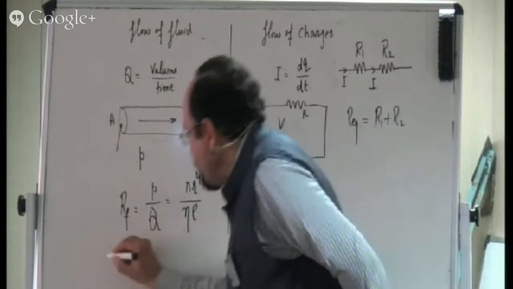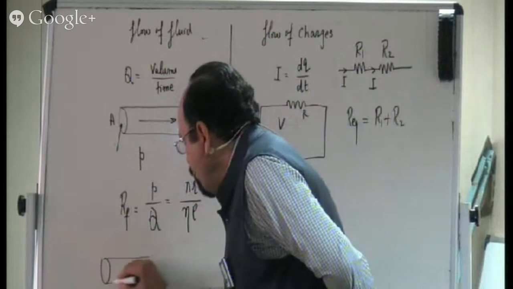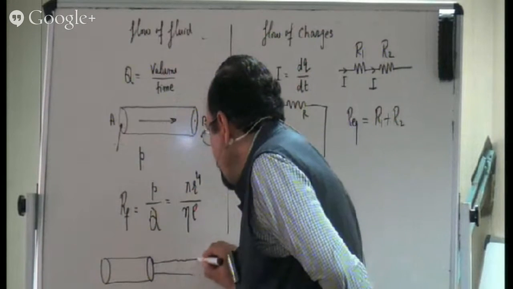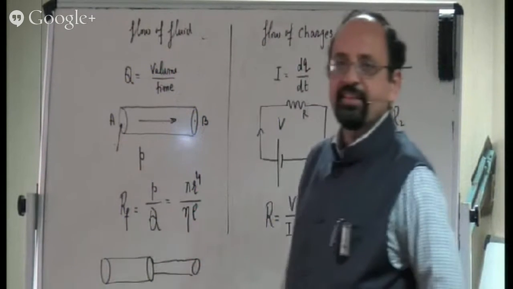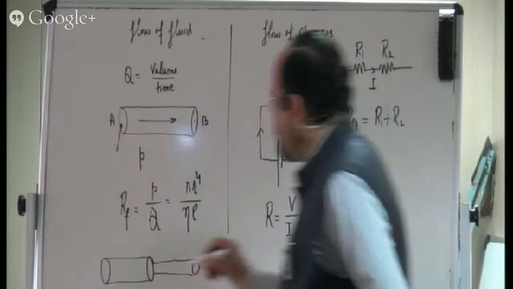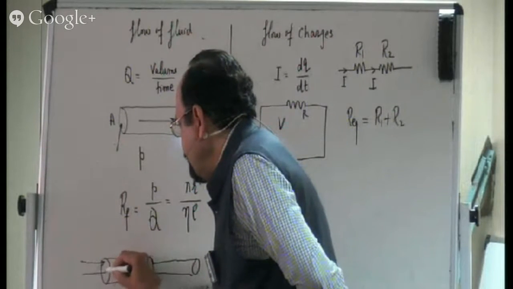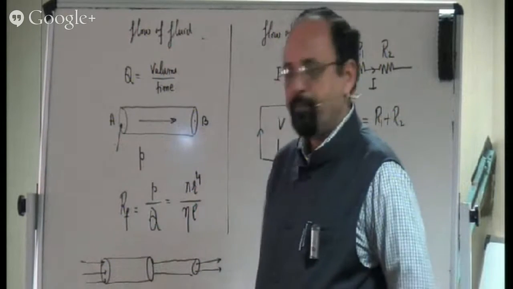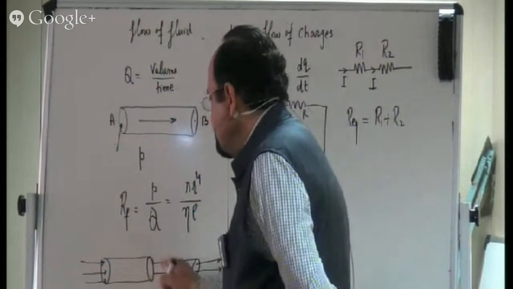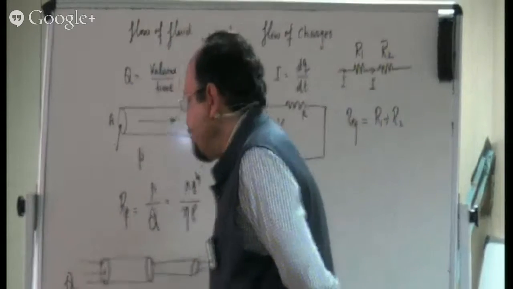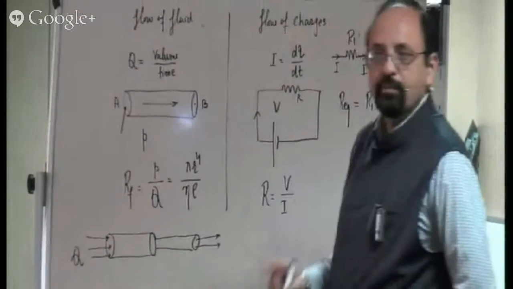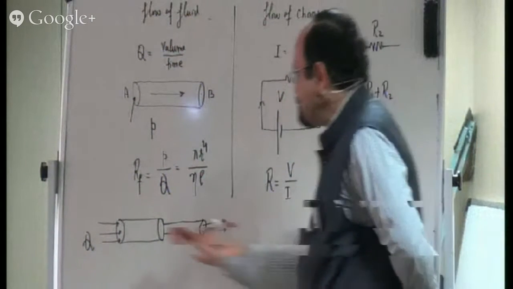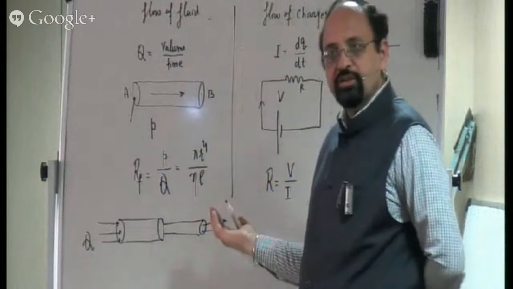For example, if I have two pipes connected in series like this, obviously the liquid is flowing from one end and coming out from the other end. I treat this situation saying that the quantity Q, the rate of flow, which is equivalent to current in this case, is the same through this pipe as well as through this pipe.